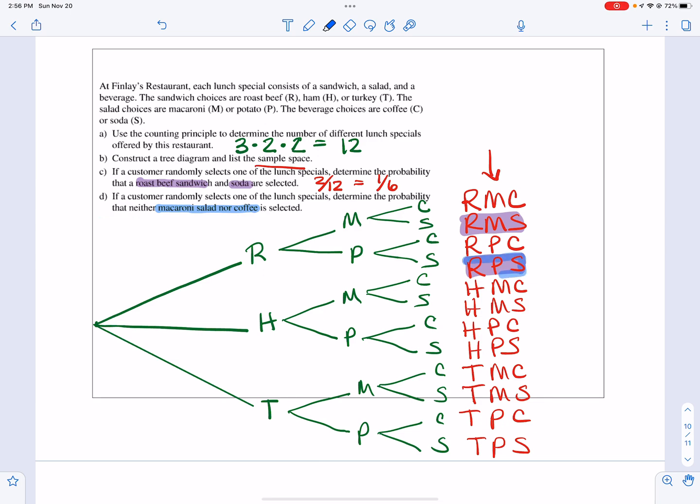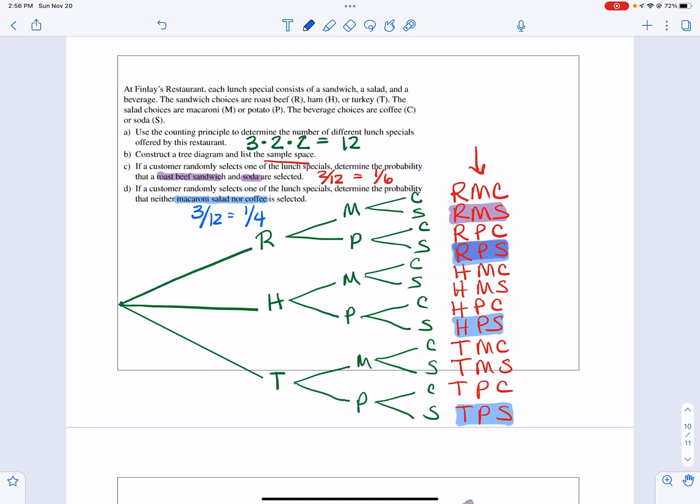I can get a roast beef, potato, and soda. I could get a ham, potato, and soda. Or I could get a turkey, potato, and soda. So it looks like the probability is 3 out of 12, which simplifies to 1 out of 4.